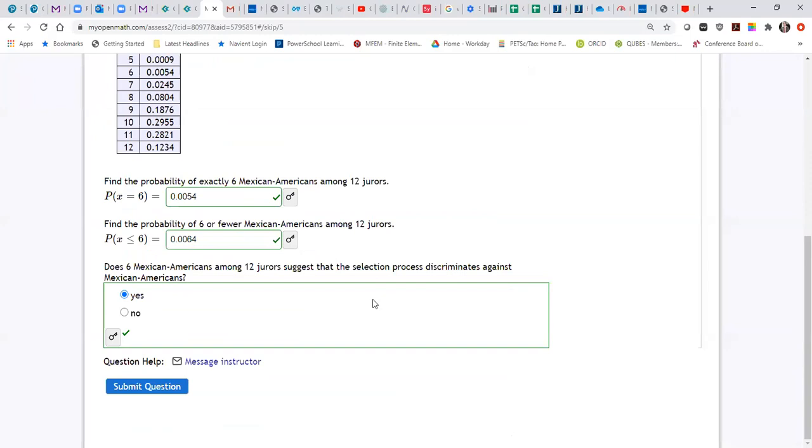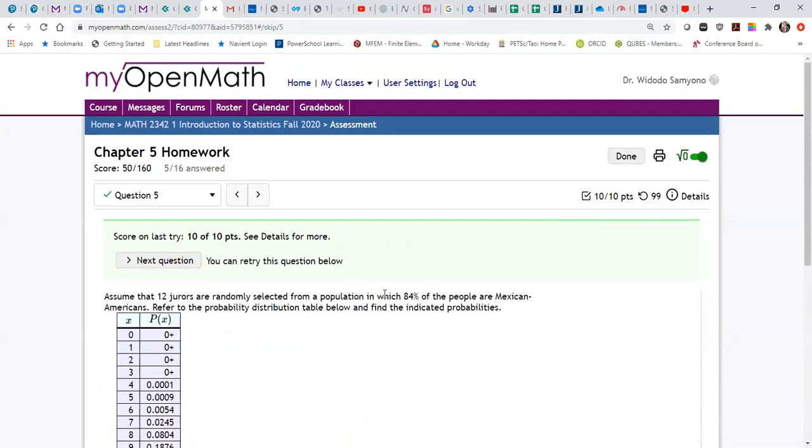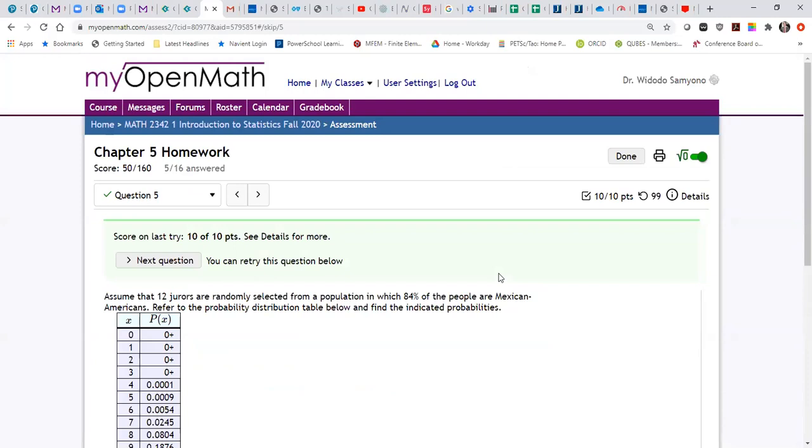So the process discriminates against Mexican Americans. Maybe this is one example of the application of statistics in criminal justice.